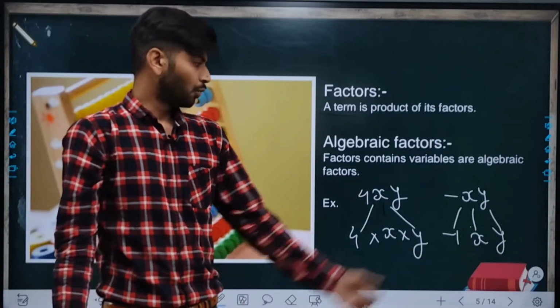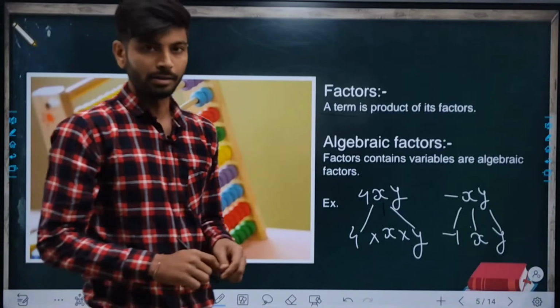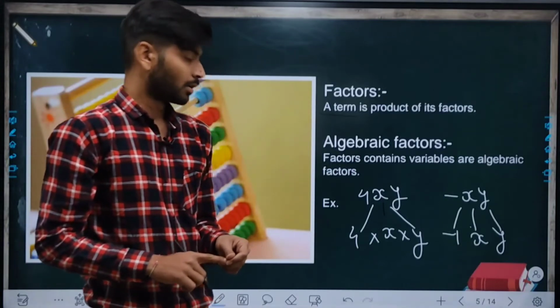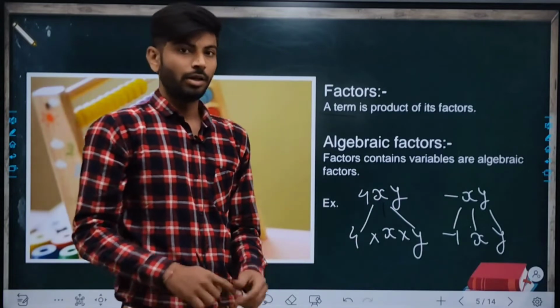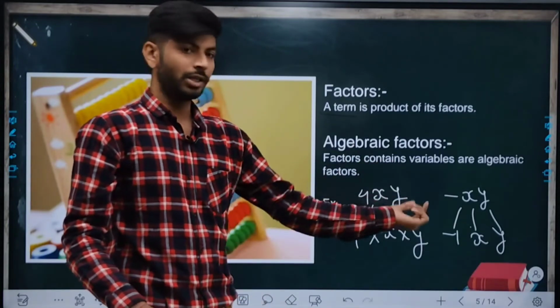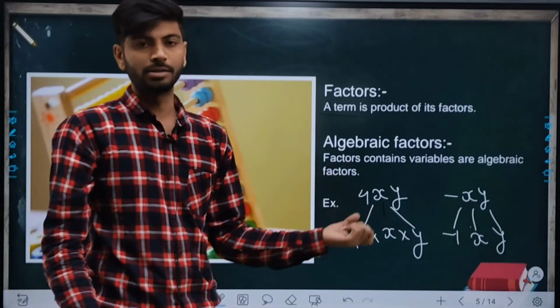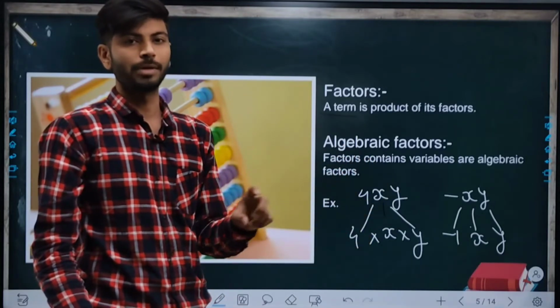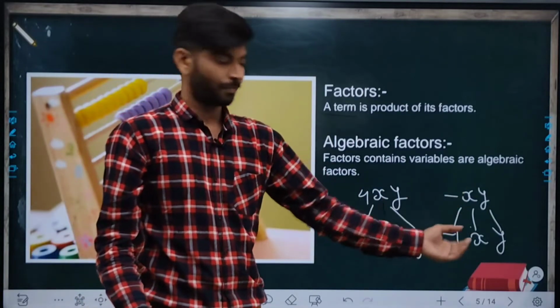Remember that when there is a minus sign, it means it is multiplied by minus 1. Okay. Sometimes it is given as minus 3xy. If it is already given as minus 3xy, you should only write the factor as minus 3, not minus 1 multiplied with 3.